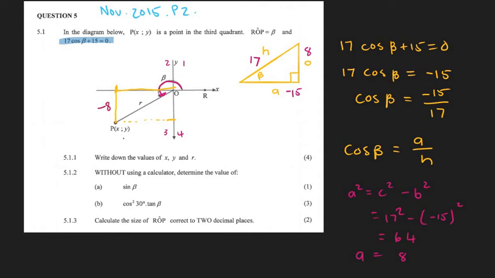My x is this. That's going to be negative 15, because it's on the negative side. My r is always going to be positive. That is going to be 17.